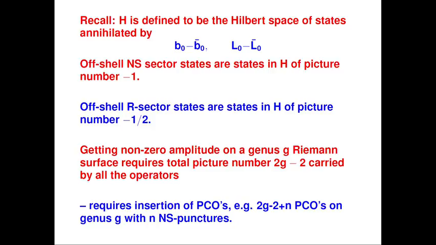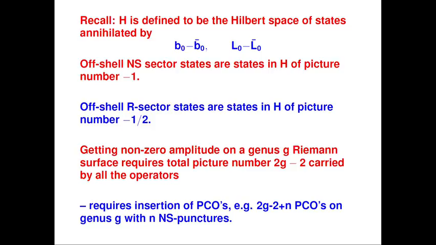Now, I said that a picture number like ghost number is a conserved charge, but it has anomalies, which basically means that if you want to get a non-zero amplitude on a genus G Riemann surface, then the picture number has to be violated by a very specific amount.